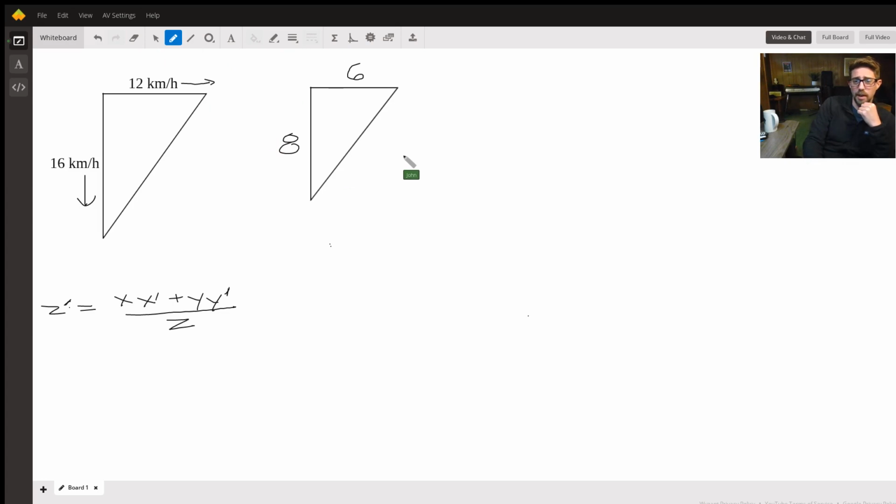We know that x is 6 because that's just the distance, and x prime is 12. Let's not worry about units yet. We know that y is 8 and y prime is 16 because that's a rate.